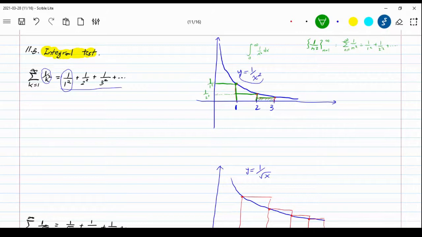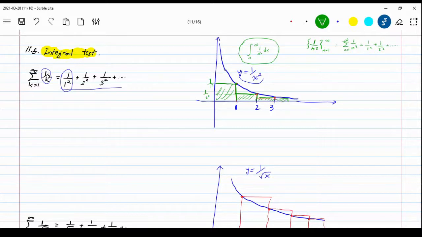So these areas are an approximation of that integral, but it's an underestimate of the integral. So the integral is definitely larger than the sum of these smaller areas, because each area is an underestimate.